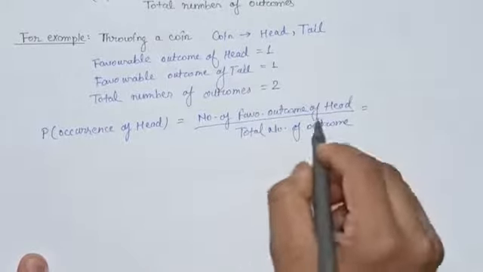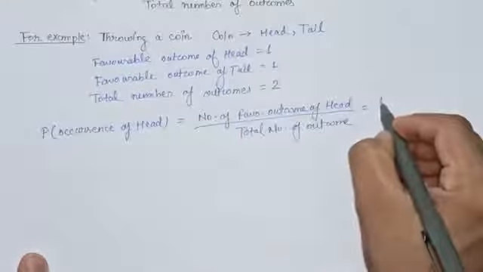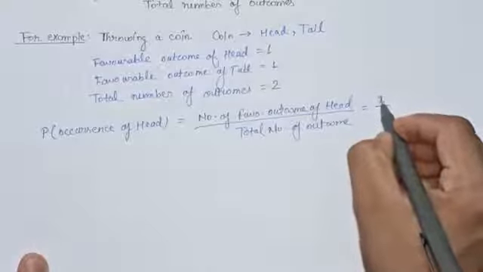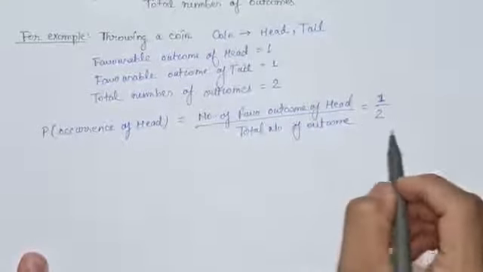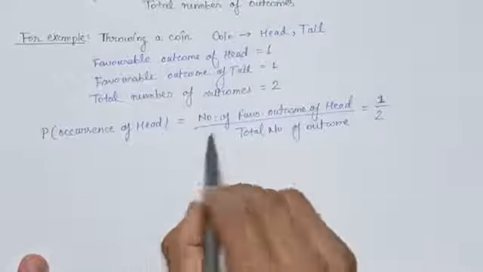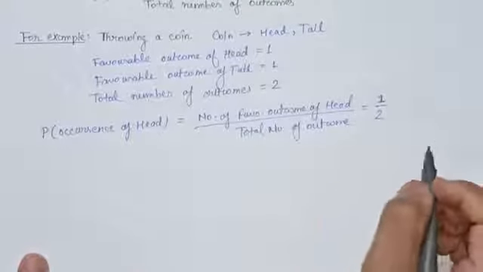So you know the favorable outcome of head is 1 and total number of outcome is 2. That is, we can say the probability of occurrence of head is 1 by 2.